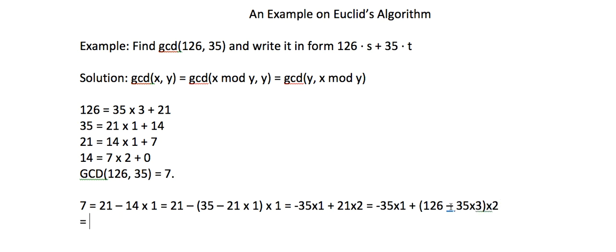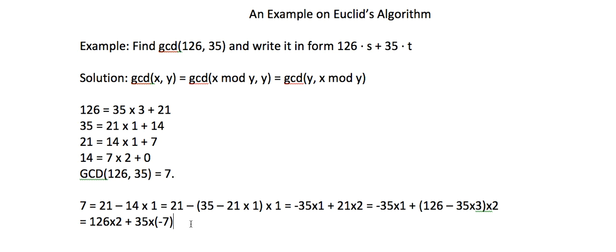If I open this without changing 35 and 126, this will be 126 times 2 minus, notice you have negative 35 times 1, then you have another negative 35 times 6.